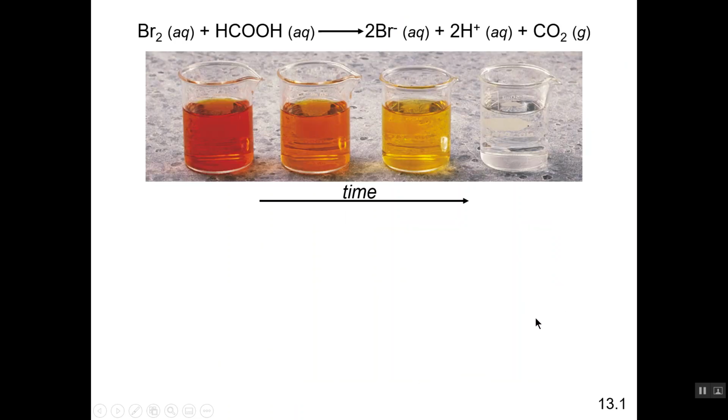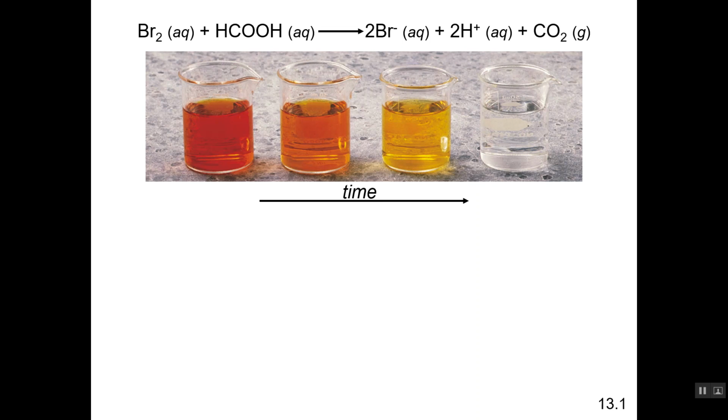For a real chemistry example, we can see here the reaction between bromine and formic acid to form bromide, hydrogen ions, and carbon dioxide. Bromine has an intense red color, depending on the concentration.